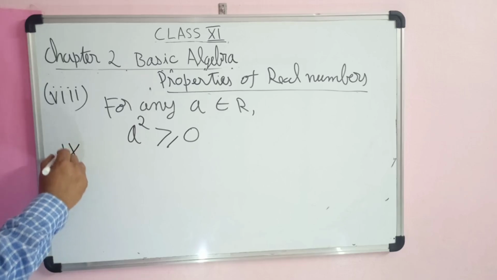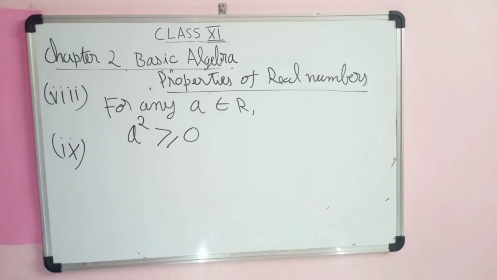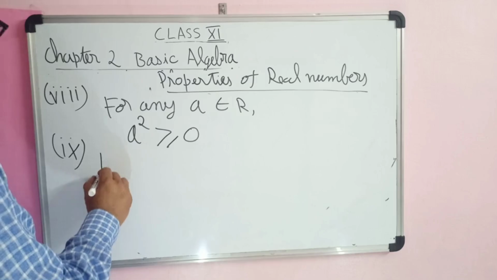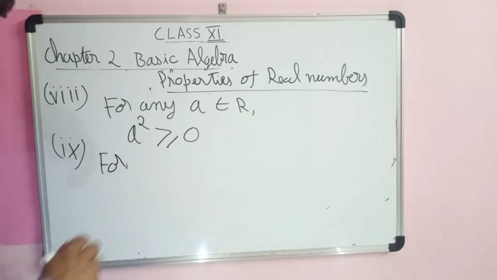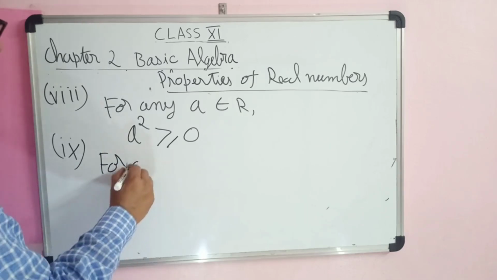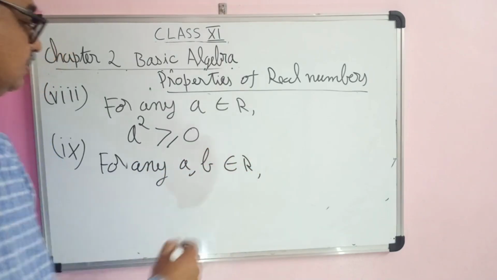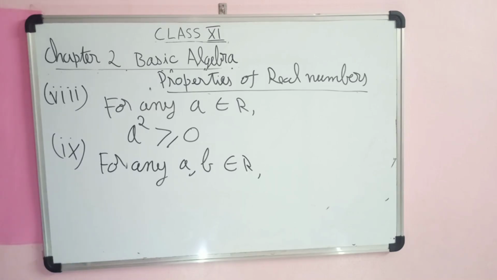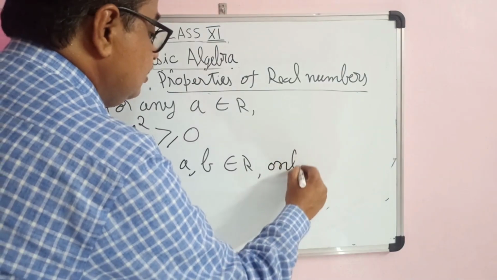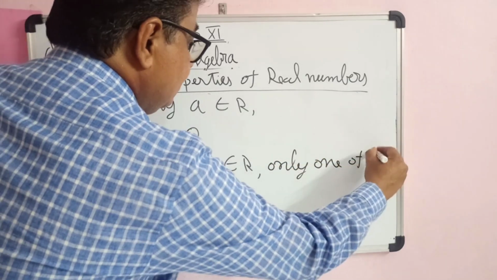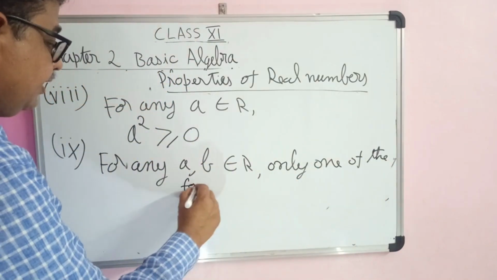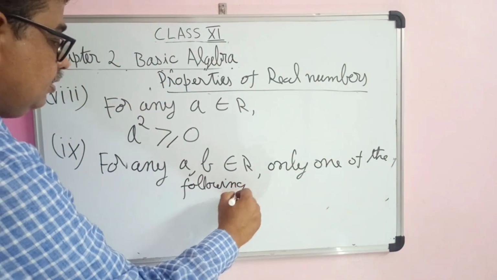Then property 9. For any A, B belonging to R, only one of the following holds good.